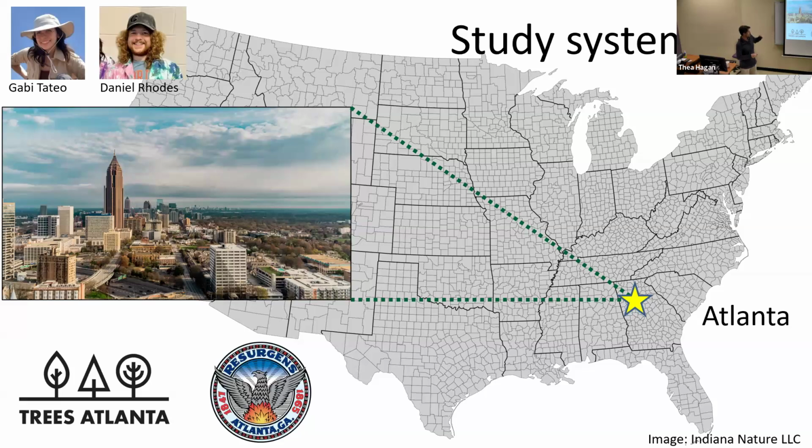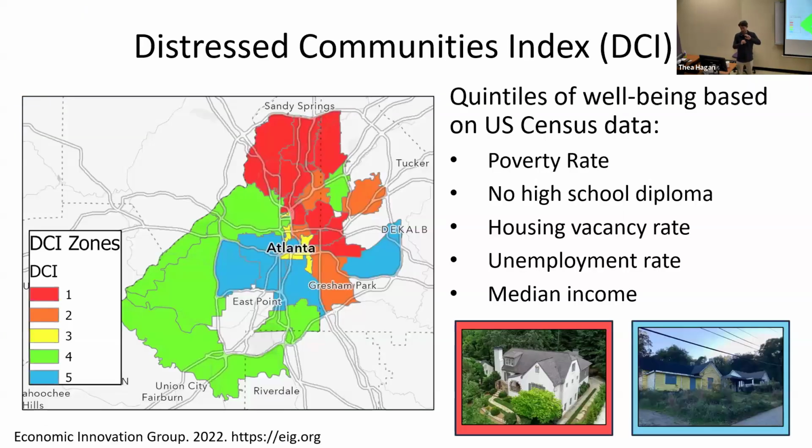So to get at this question, we've been doing some work in Atlanta, and my student Daniel and research technician Gabby have been leading a lot of this work. But Atlanta's a great, huge metropolitan area, but it also has very distinct socioeconomic segments of the city. And so we've been using this index called the Distressed Communities Index, which creates quintiles of economic distress based on US Census data, like unemployment rate, vacancy rates, education, that kind of thing.